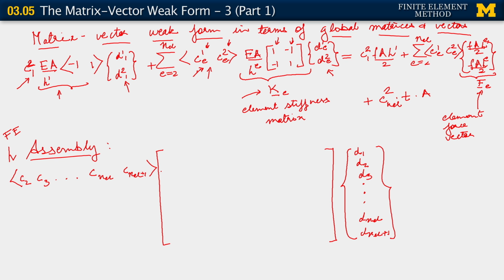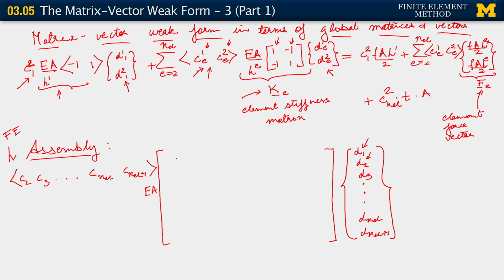As far as the solution degrees of freedom are concerned, it has contributions from D1 and D2. So if we now look at the line above us, the contributions that come in are going to be the following. And just for brevity, I'm going to pull EA out of this matrix. EA is common for all the elements, and we are assuming that.